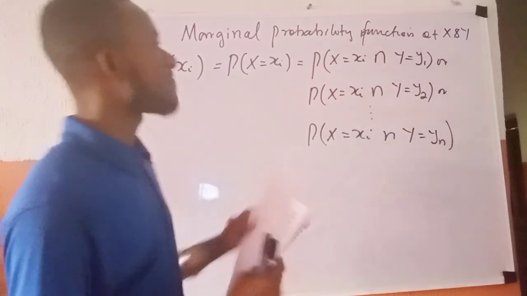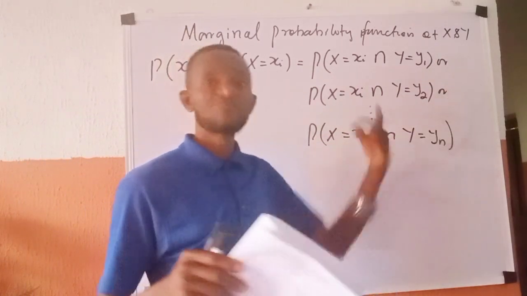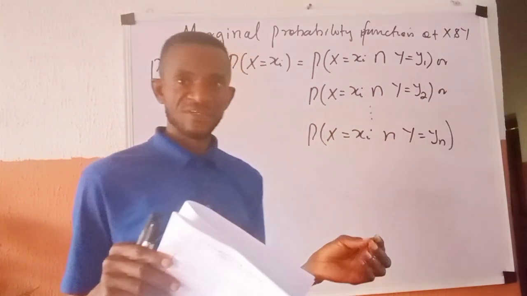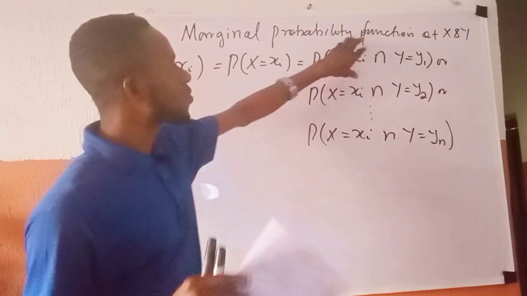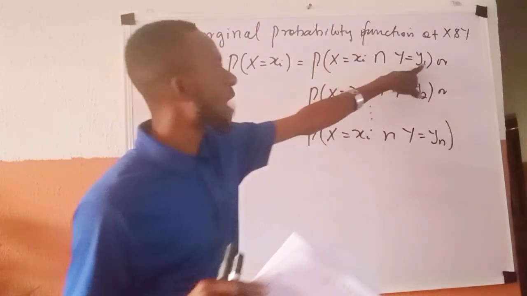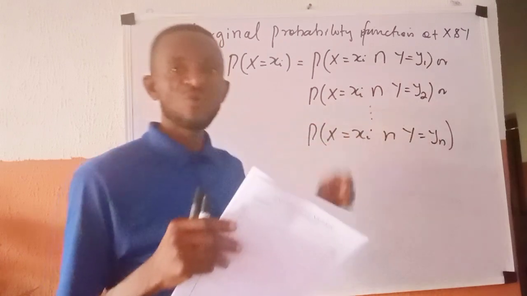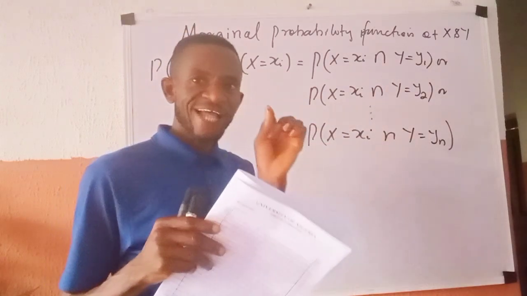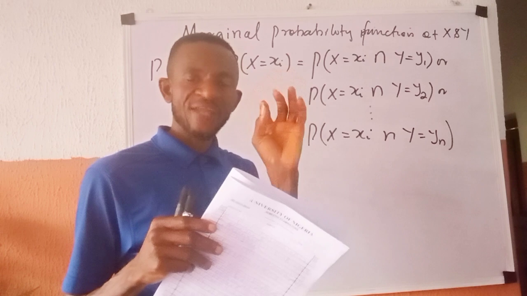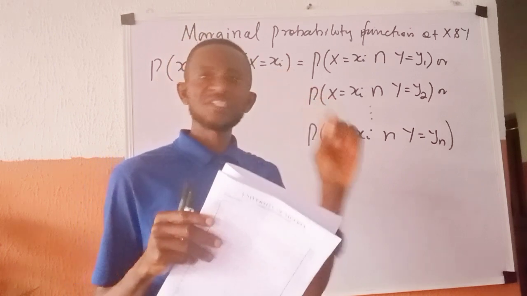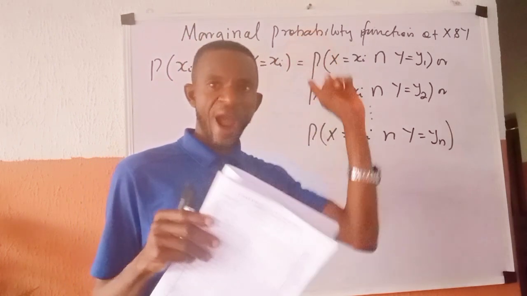We should bear in mind that or in probability means addition. So we are adding these quantities when y is taking a value 1, taking a value 2, down to a value n. And what is that thing that is running from 1 to n? What is running from 1 to n is j, remember, for y.